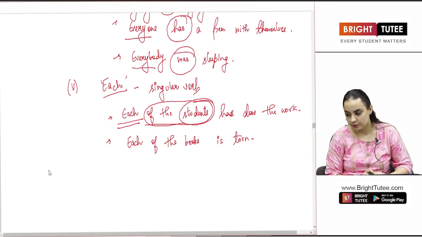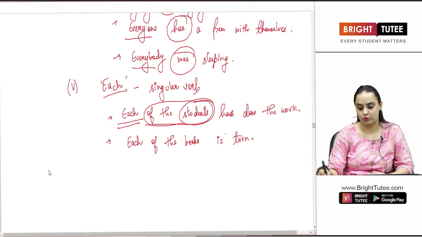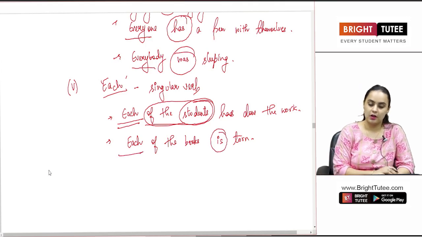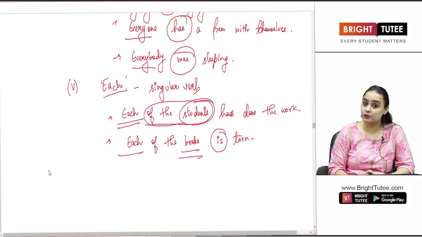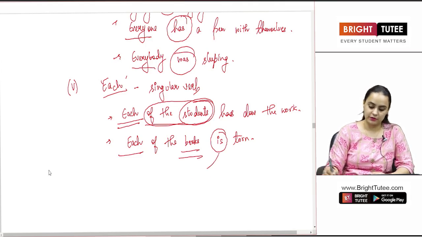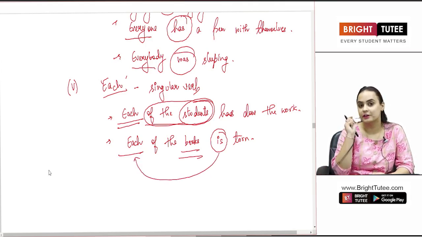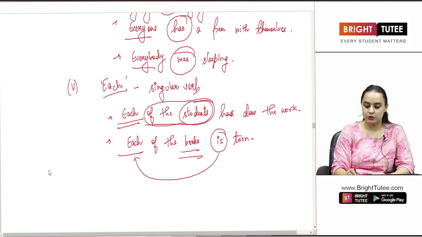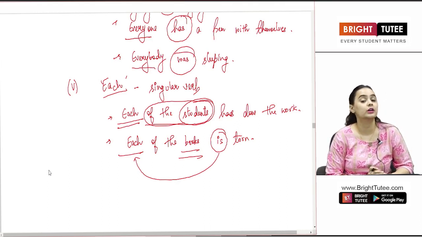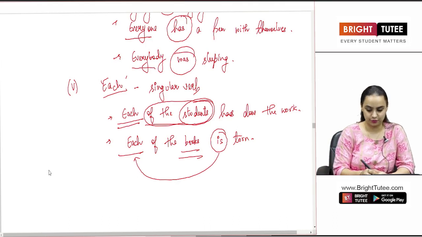So is, although we are talking about books, which is plural, but we have to look at each, which is singular and will always take a singular verb. So we are going to use the verb is with each.